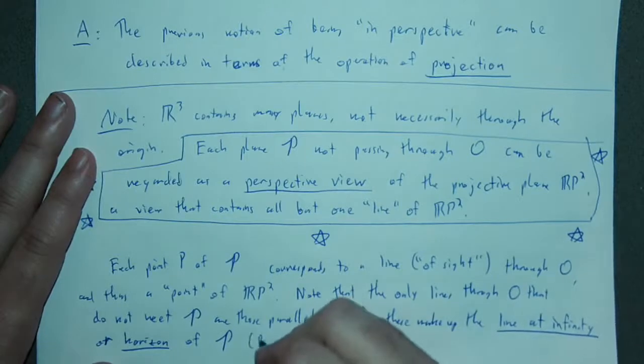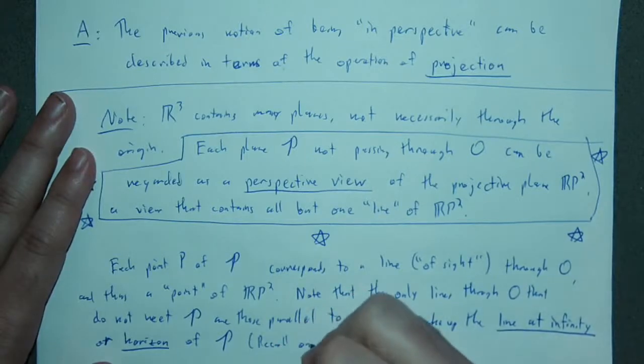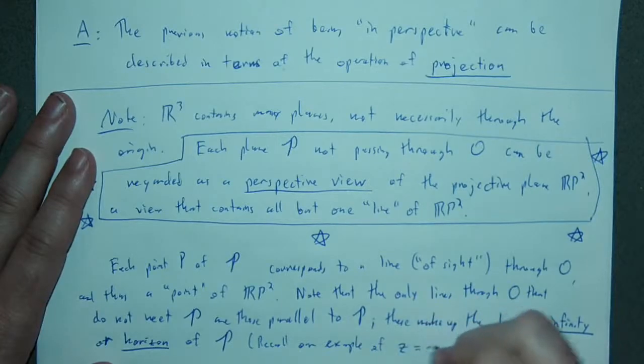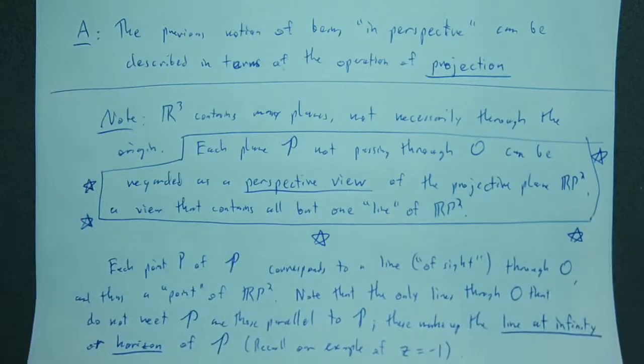So recall our example of the plane z equals -1. And so in this way, we can think about projecting from our plane script P to RP2.